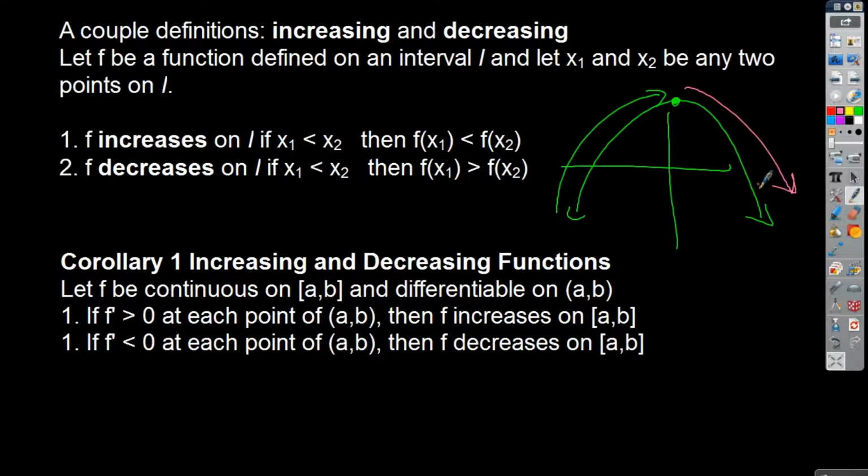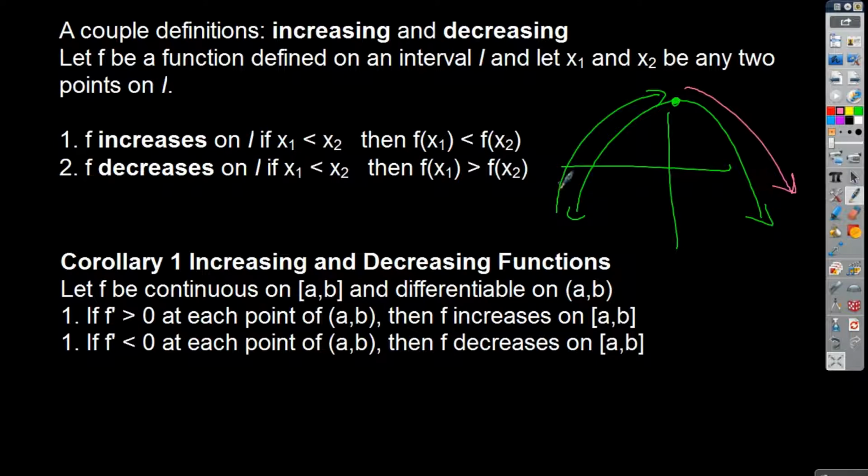Let's see what the actual definition says. The definition says, let f be a function defined on the open interval I, and let x1 and x2 be any 2 points on I. The first definition says that f is increasing on I if x1 is less than x2 implies that f of x1 is less than f of x2.